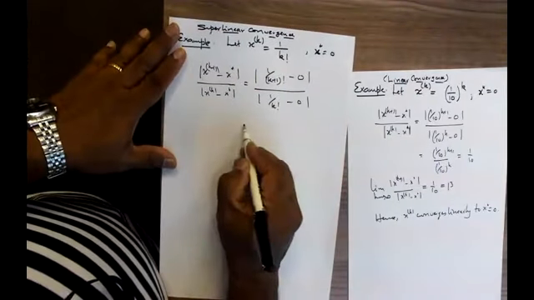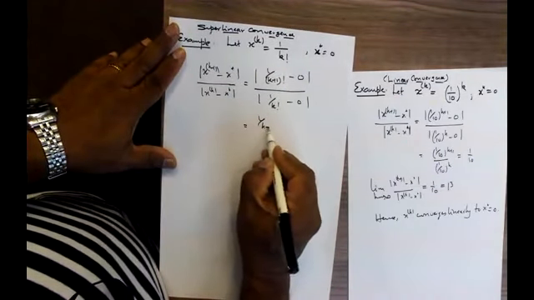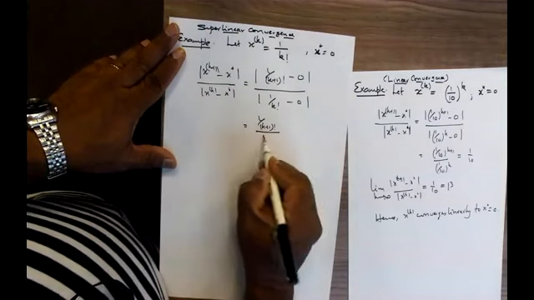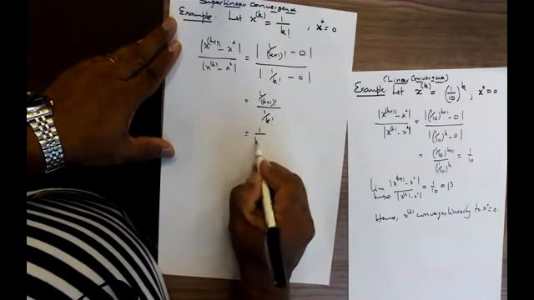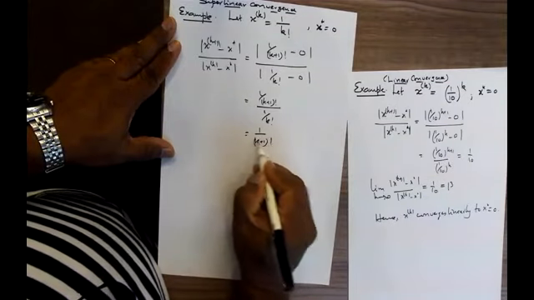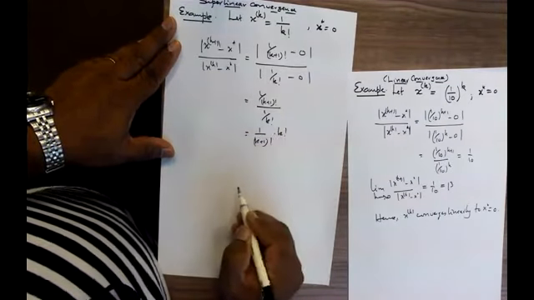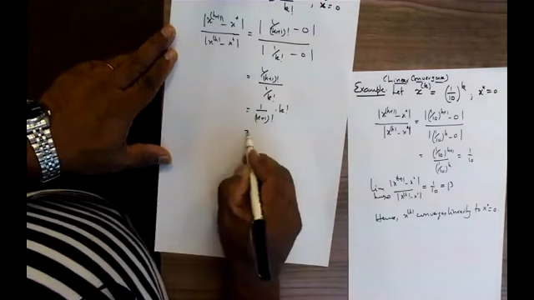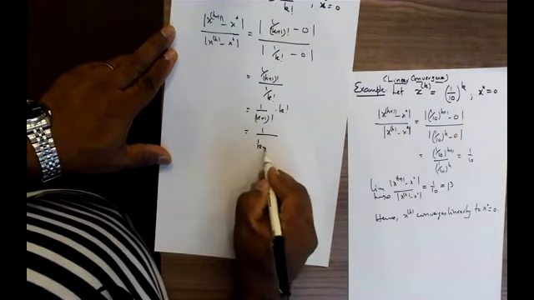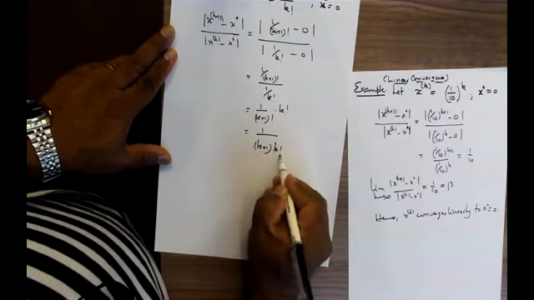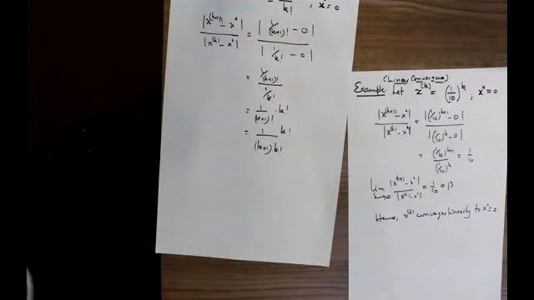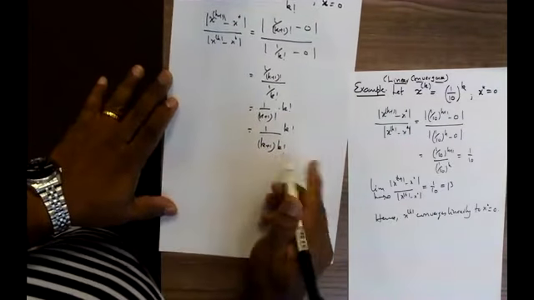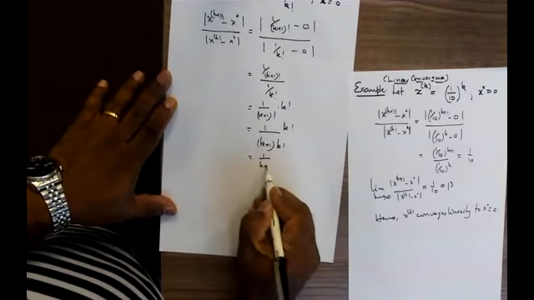Again, these are all non-negative numbers. So that's 1 over (k+1) factorial times k factorial. (k+1) factorial can be written as (k+1) times k factorial. So that gives you 1 over k plus 1.